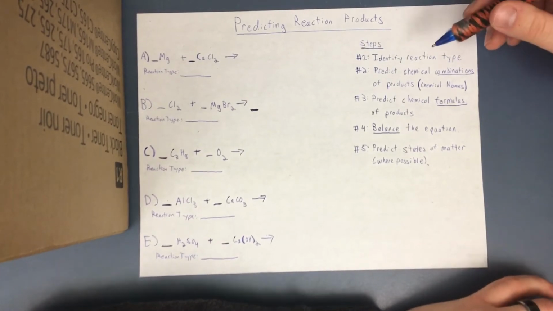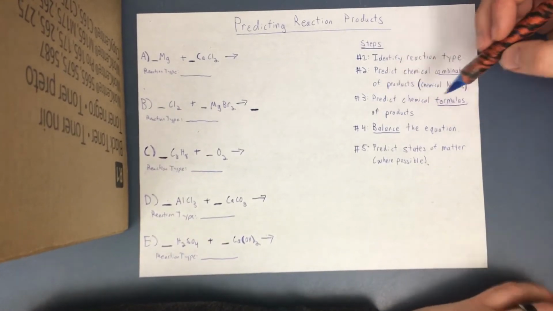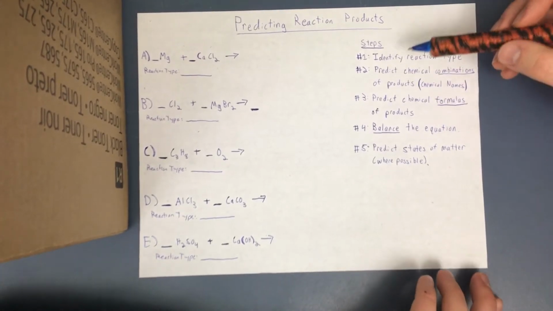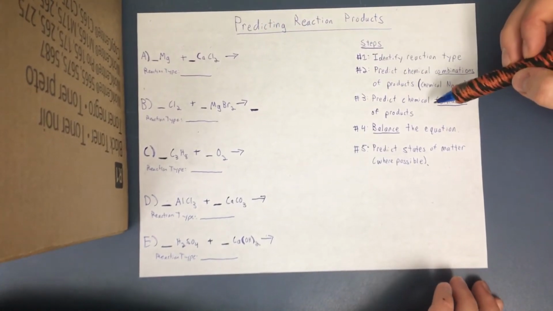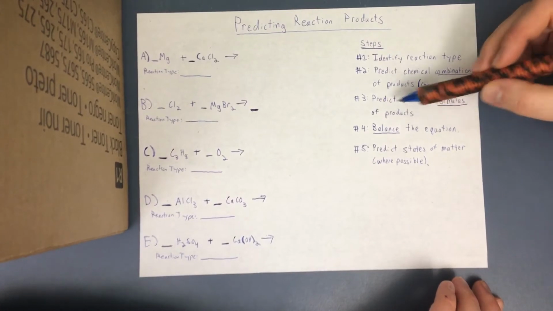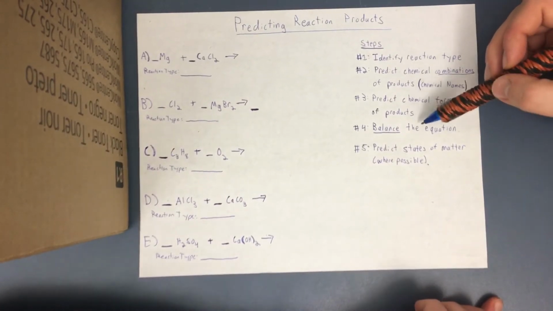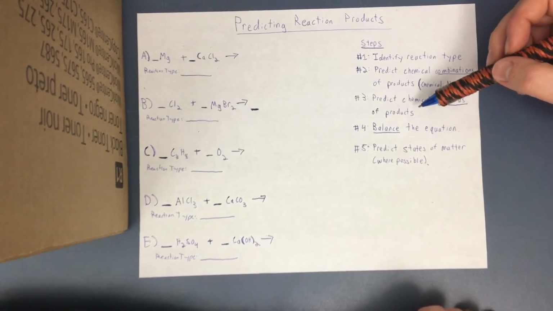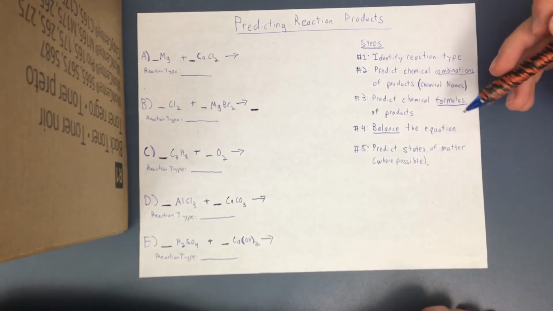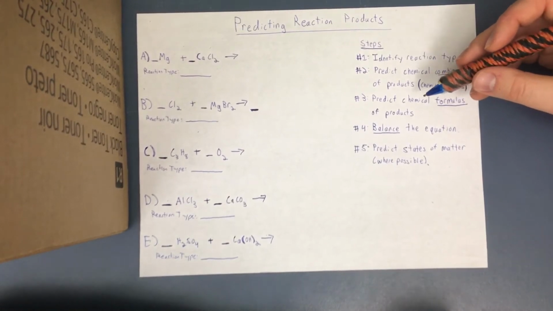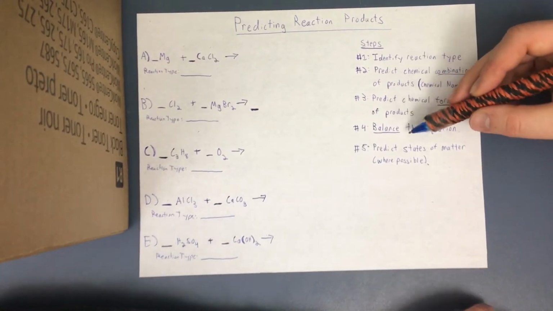That's why there's an entire separate step, step 3, which is predict what the chemical formulas of the products will be. So we predict the chemical combinations, we predict the chemical formulas, and the way we're going to predict chemical formulas is by using the drop and swap method to figure out what a balanced ionic compound of those ions is.